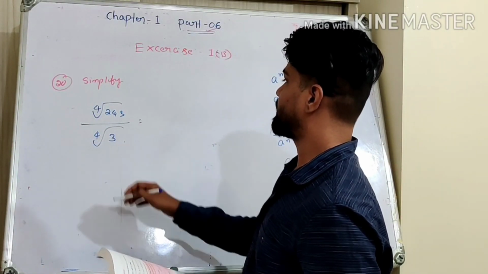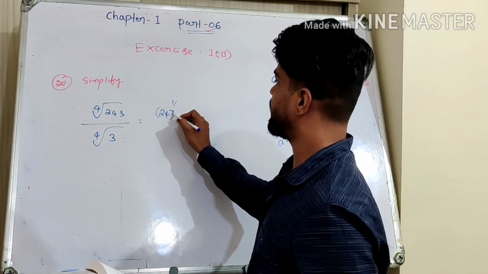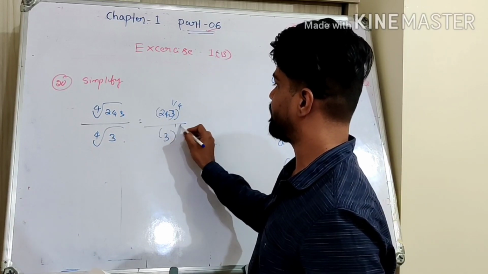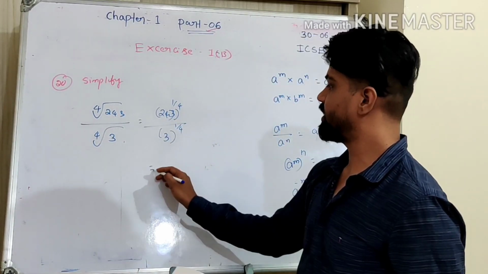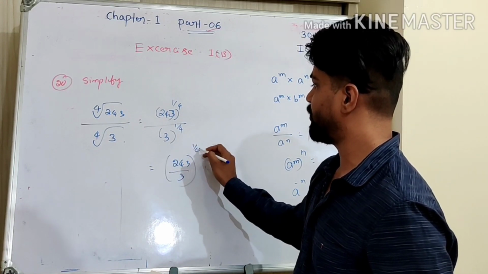So this is of this form: 243 power 1 by 4 divided by 3 power 1 by 4. So we can still write it as (243 by 3) whole power 1 by 4.